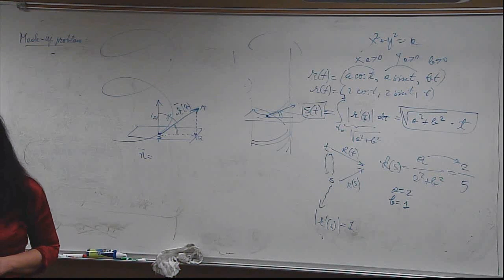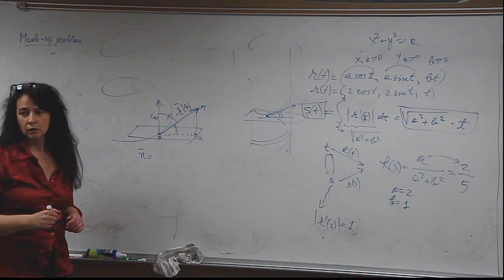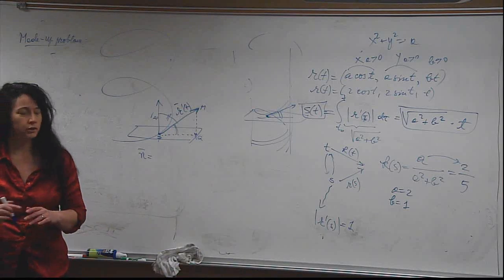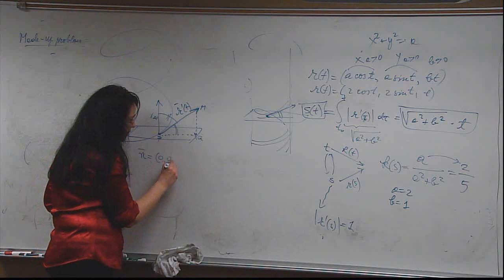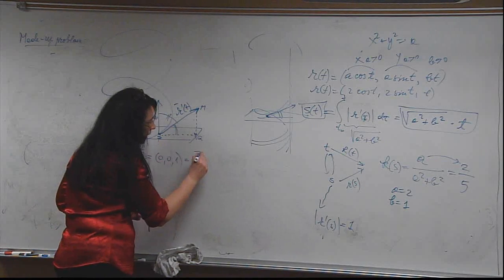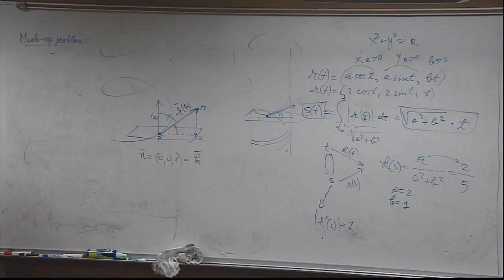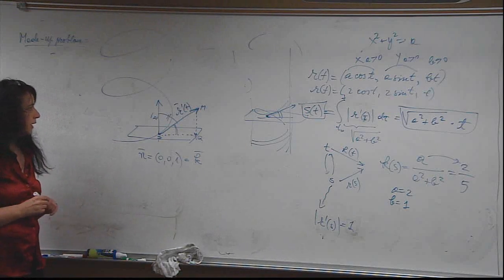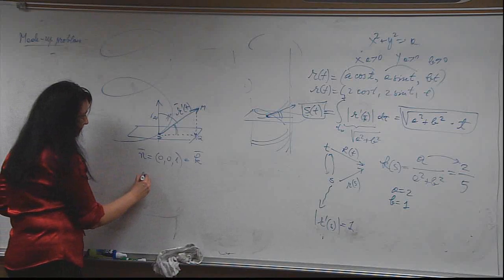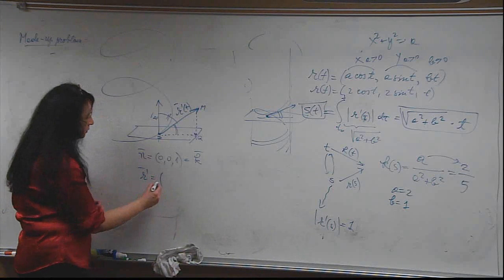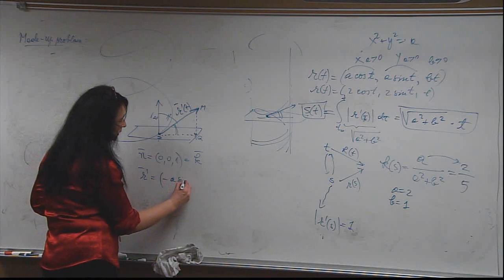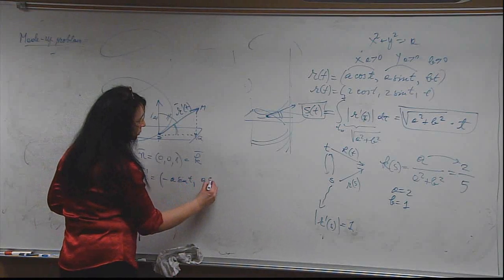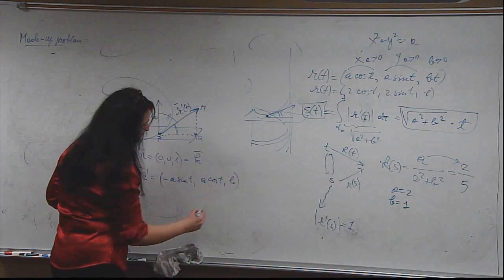No. Who is the normal? 0, 0, 1. So this is K. And what is r prime? The velocity. That was a piece of cake. We did it last time. Minus a sine t, a cosine t, and b.